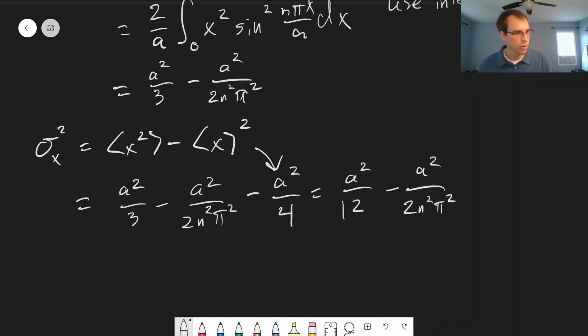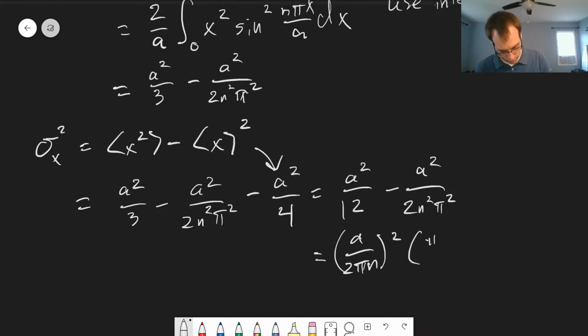We can rewrite this slightly as a over 2 pi n, squared, times pi squared n squared over 3 minus 2. And so that is our uncertainty in our position.